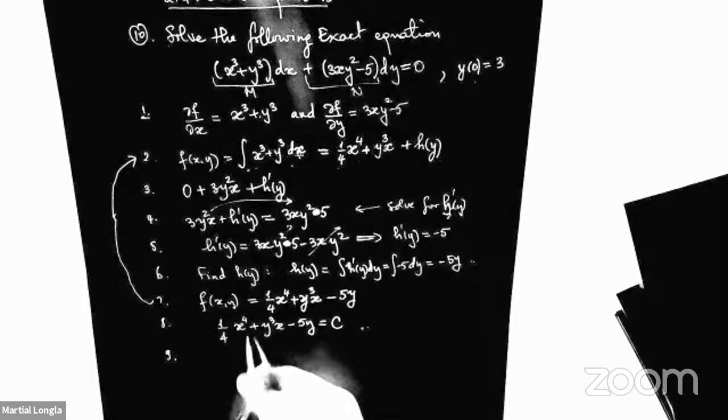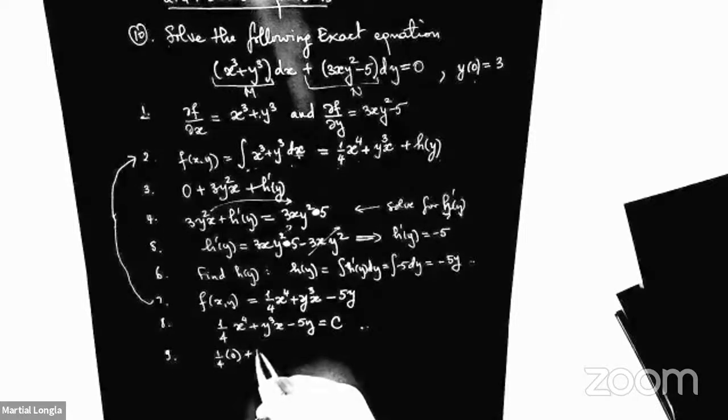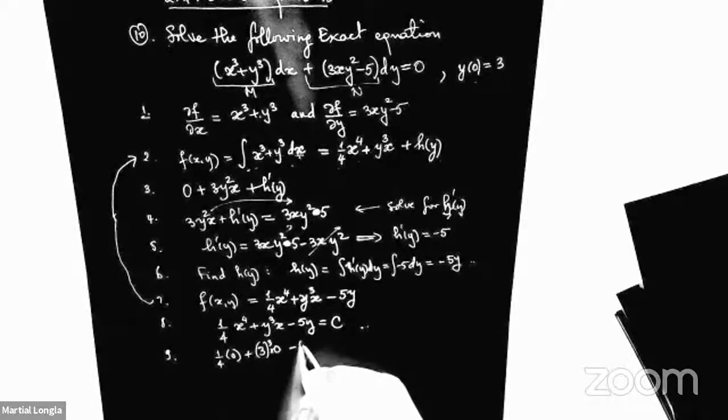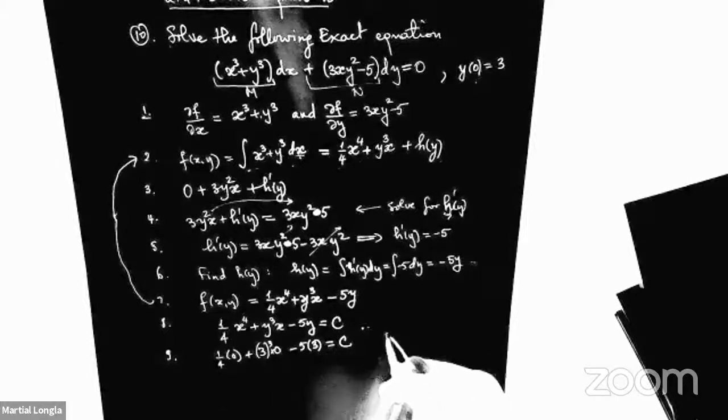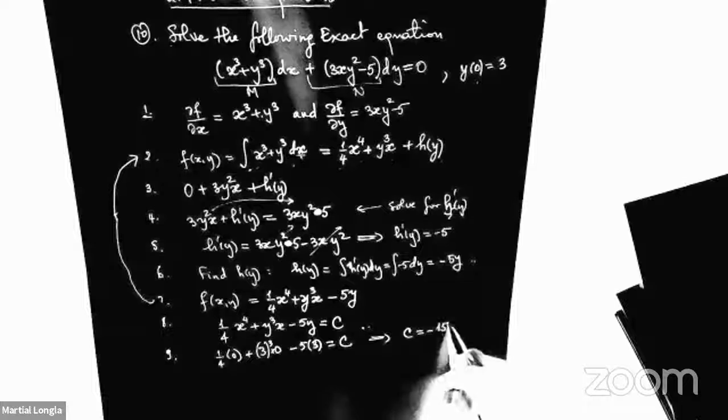So we have x equals 0, so that's 1/4 of 0 plus 3 cubed times 0 minus 5 times 3 equals c. So we get here c is negative 15.